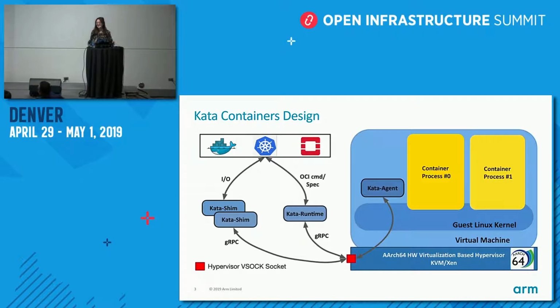So the Kata Containers design. What is Kata Containers? I'm quoting from their official website. Kata Containers is an open source container runtime building lightweight virtual machines that seamlessly plug into the containers ecosystem. It can work with Docker, Kubernetes, OpenStack.